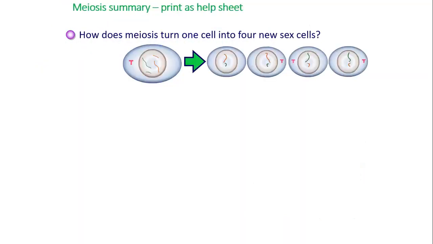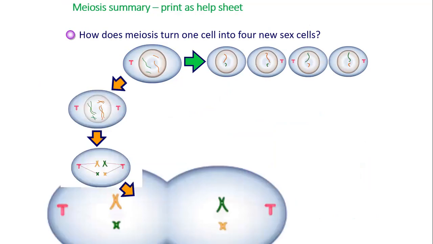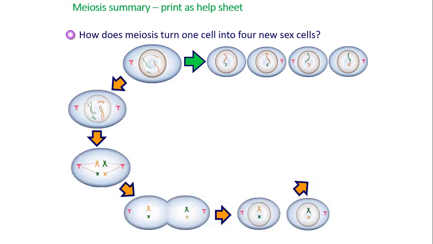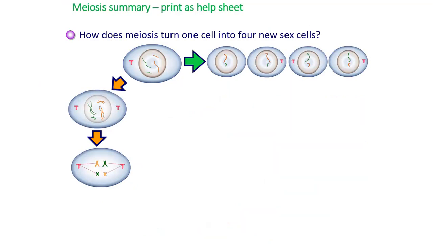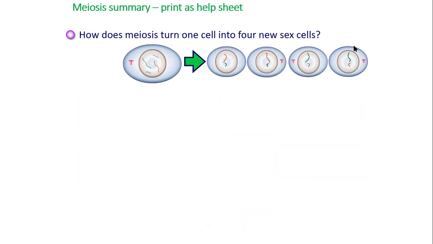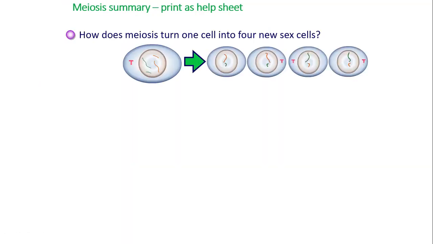So how does meiosis turn 1 cell into 4 new sex cells? So the first stage is, we go through cell replication, DNA replication, and so all the chromosomes are replicated, including our spindle fibers, our centrioles at either end of the cell.